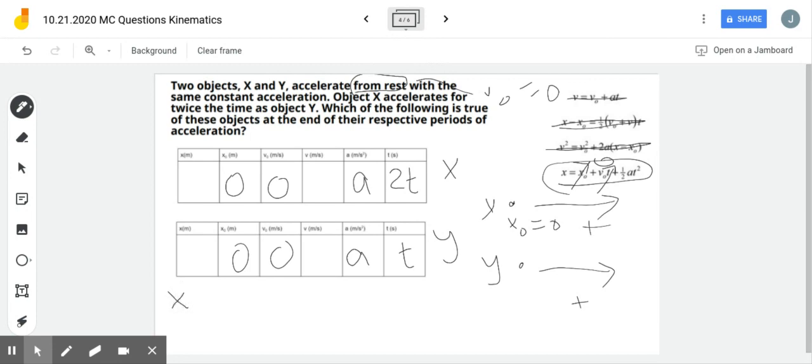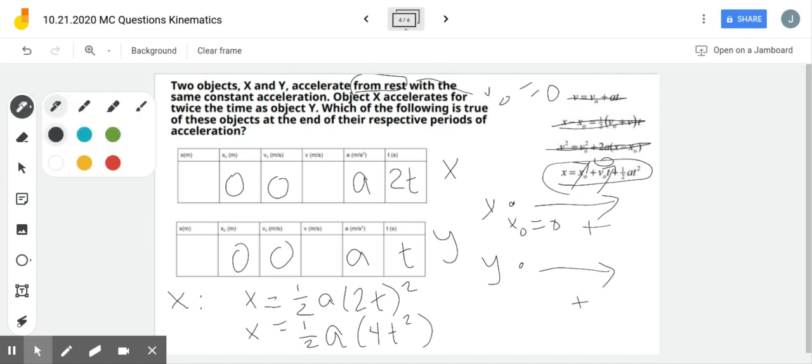So for object x, I'm going to say x equals 1/2 a, and t is 2t, squared. This gives us x equals 1/2 a, and I'm going to leave this like this for sure, for a reason. So 2t squared is 4t squared. You square the 2 and the t.